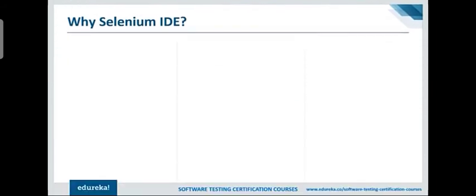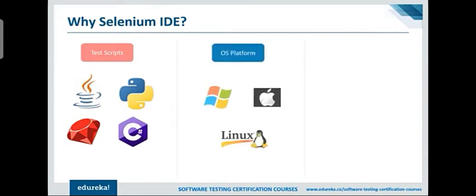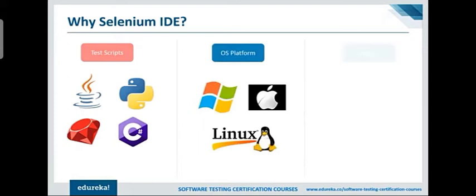So why do you prefer Selenium? The reasons behind the ever-growing popularity of Selenium are: test scripts can be written in any of these programming languages like Java, Python, C Sharp, PHP, Ruby, Perl, and .NET as well. And tests can also be carried out in any of the OS like Windows, Mac, or Linux.